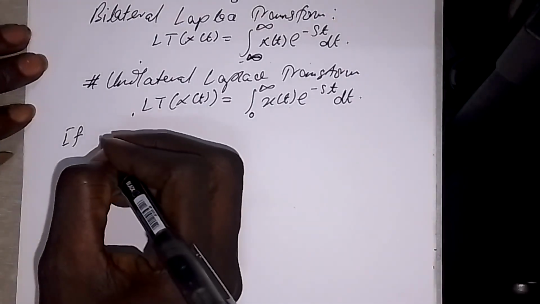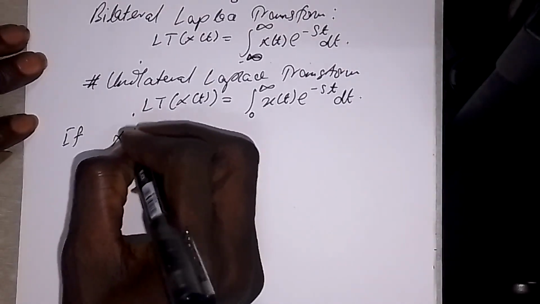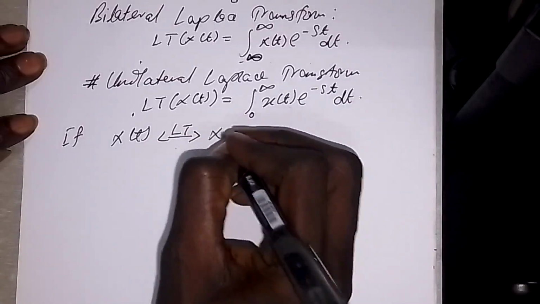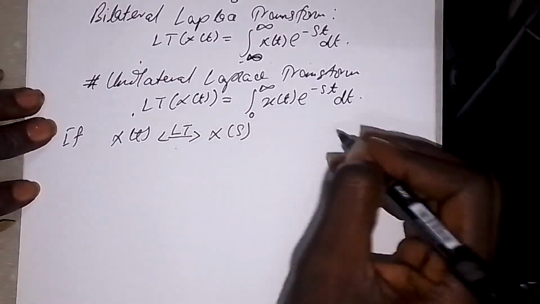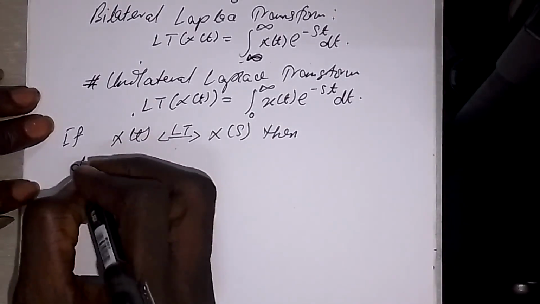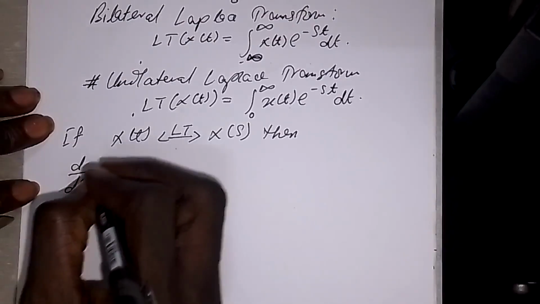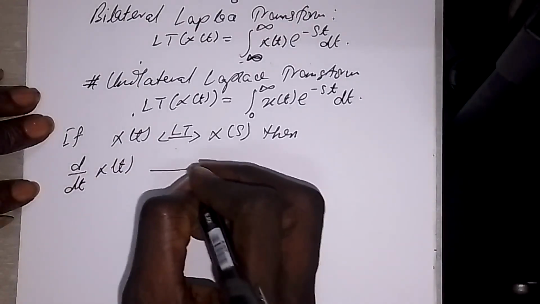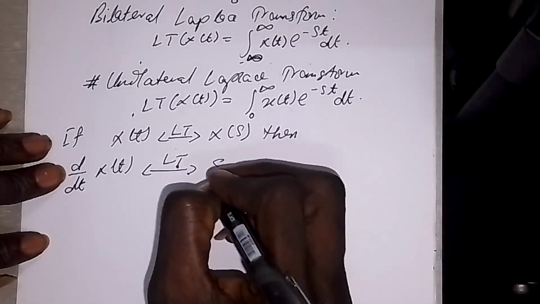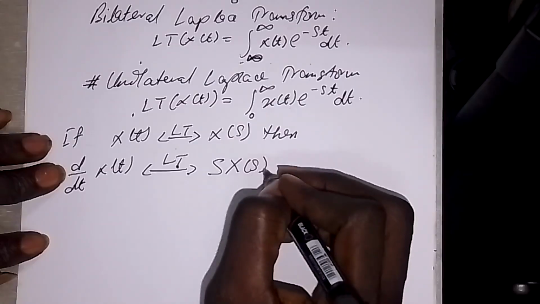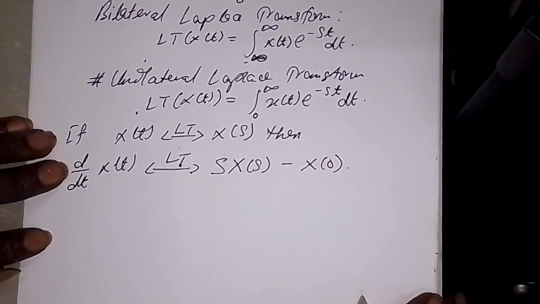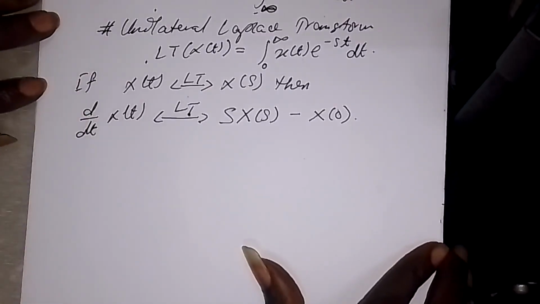Now if I have x of t, which has a Laplace transform of X of s, then if I have dx/dt, it should have a Laplace transform of s X of s minus x of 0. So this is the unilateral Laplace transform property.